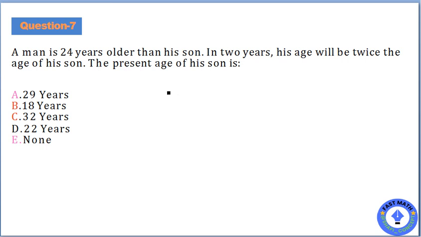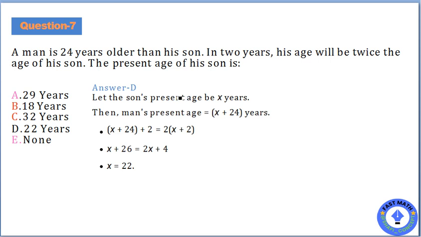In this scenario, we will consider as per the problem, the son's present age as x years. What may be the man's present age? That is nothing but x plus 24, as the problem already gave 24 years older than his son. Already we have considered the son's age as x, then the man's age becomes x plus 24 years.